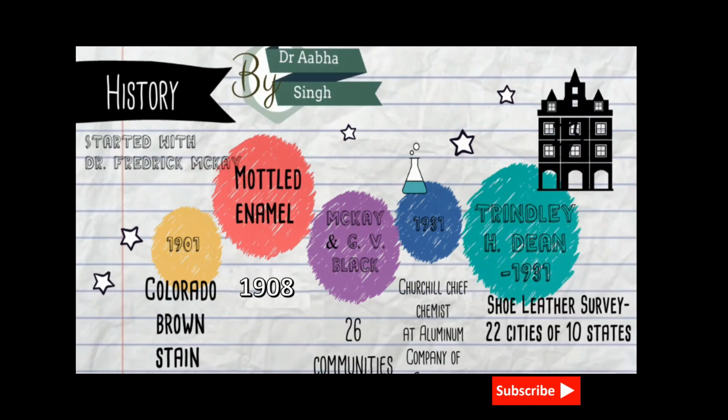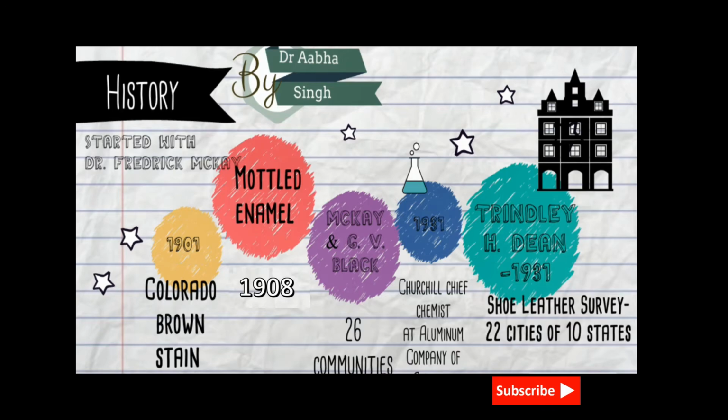The most direct proof was further established by an in-depth study popularly known as the shoe leather survey by T.H. Dean. Dean continued Mackay's work and found out the geographical distribution of mottled enamel in the USA for the US Public Health Services in 1931.